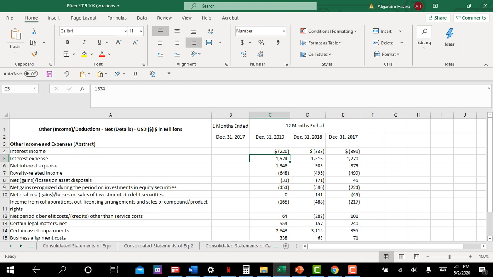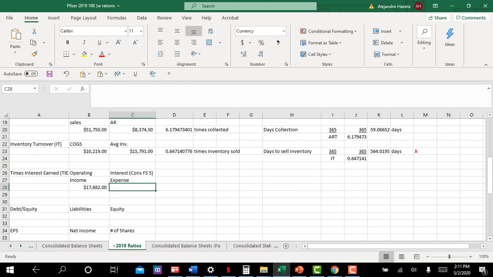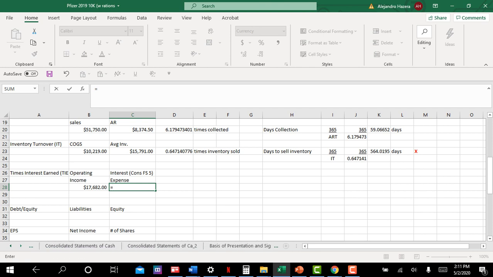I know it's a pain. Next one will be so short. I'm going to type equals, and then go all the way back to N3. Almost there, actually.